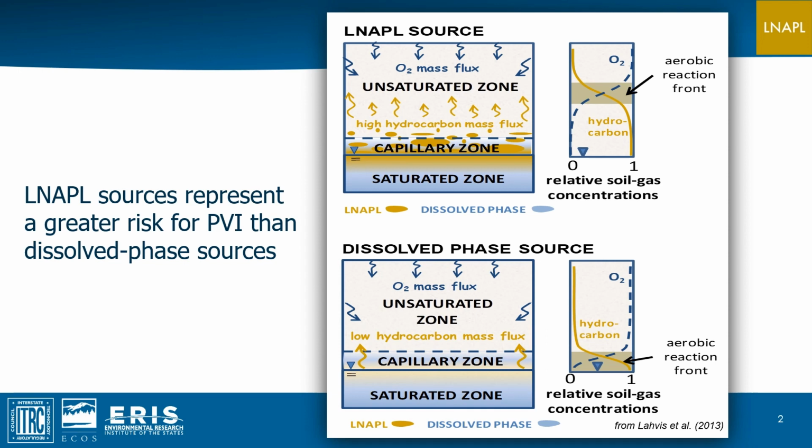Rates of anaerobic biodegradation are slow in comparison to rates of aerobic biodegradation for most petroleum hydrocarbons. The net effect of greater hydrocarbon mass flux and lesser biodegradation is that hydrocarbon vapors will tend to migrate farther above an LNAPL source than a dissolved phase source.